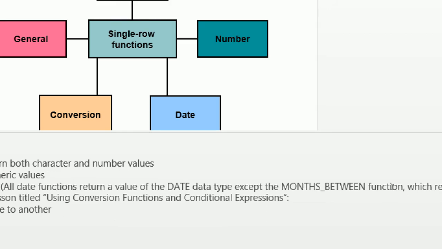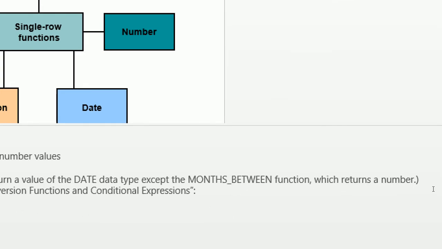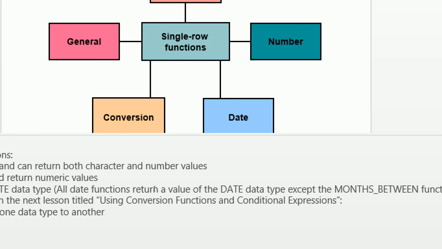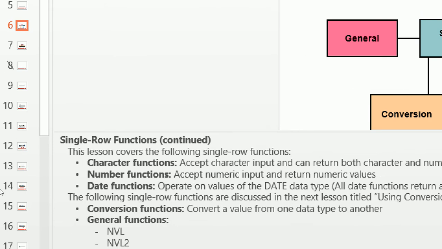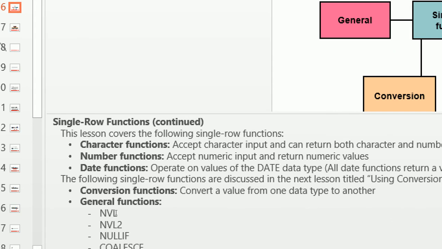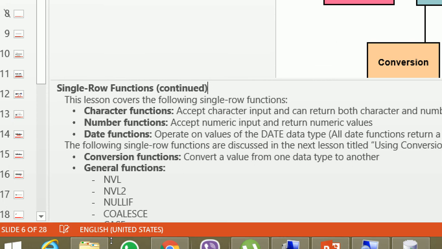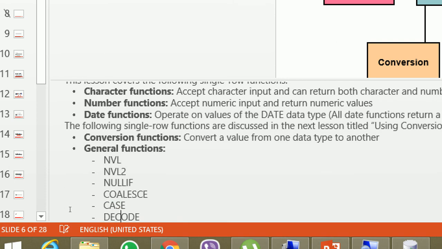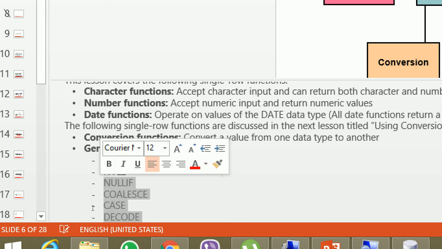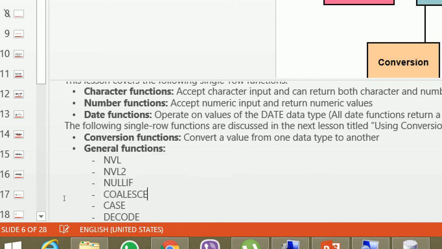It returns a number, and the rest return a date. Clear? Conversion functions convert a value from one data type to another. And the general functions are NVL, NVL2, NULLIF, COALESCE, CASE and DECODE. These are some advanced functions which are in Database Administration Fundamentals 2. We already discussed NVL.